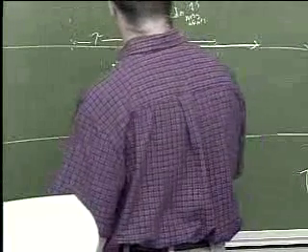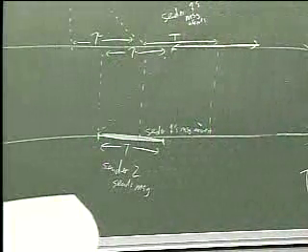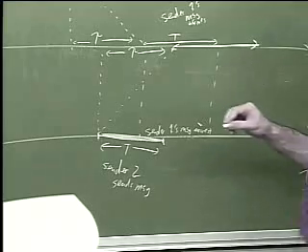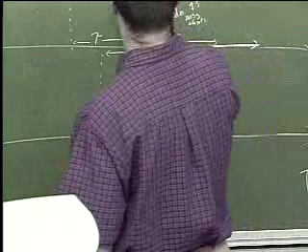Okay, so again, this distance here is also tau, the time from when sender 2 starts transmitting to the time when it arrives at the receiver, and of course, also at the other sender.